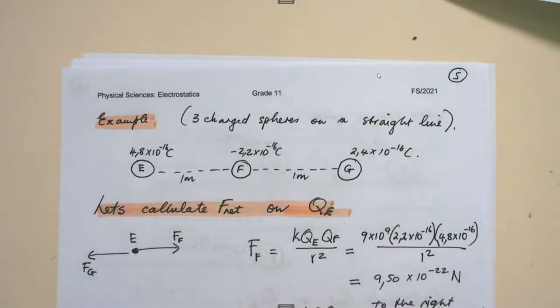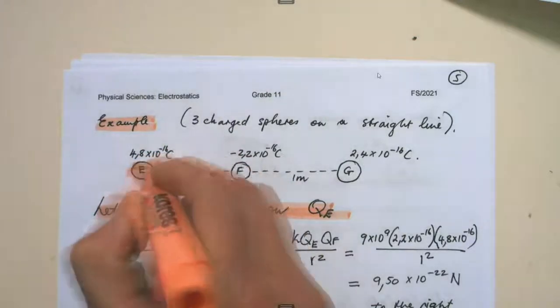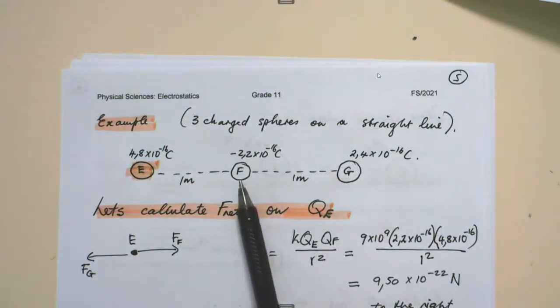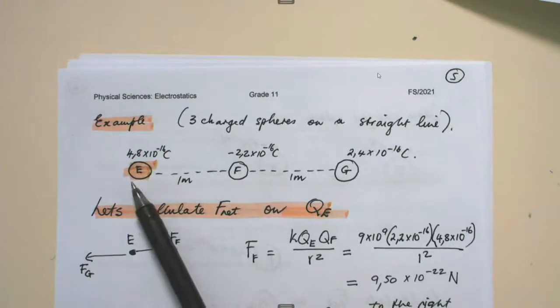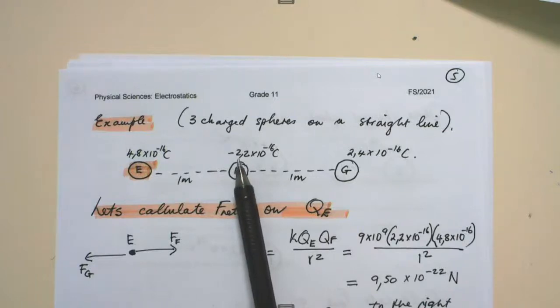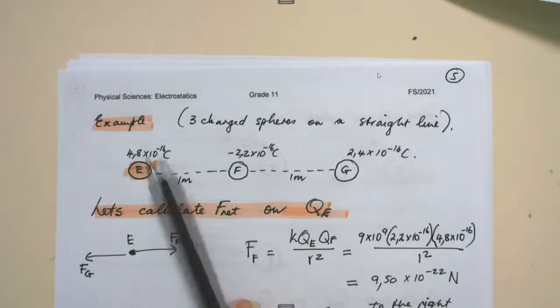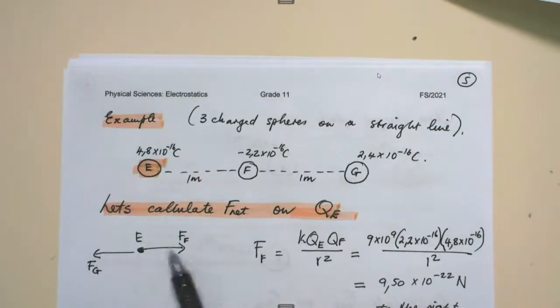So I want to know what is the net force on this charge. All right, now this charge is 1 meter away from F, so there will be an electrostatic force between E and F, and in this case it will be a force because of F, and it will be attraction. So the force on E because of F will be to the right, attraction between them.